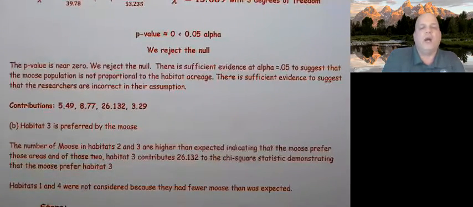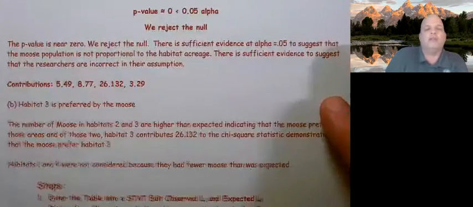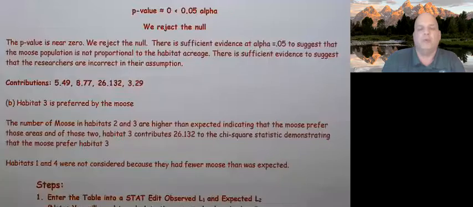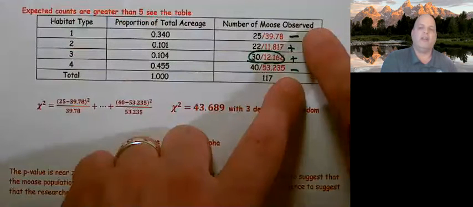And of those two, habitat 3 contributes 26.13 to the chi-squared statistic, demonstrating that moose prefer habitat 3. Habitats 1 and 4 were not considered because they had fewer moose than was expected. So we only considered the positive, we didn't consider the negative.